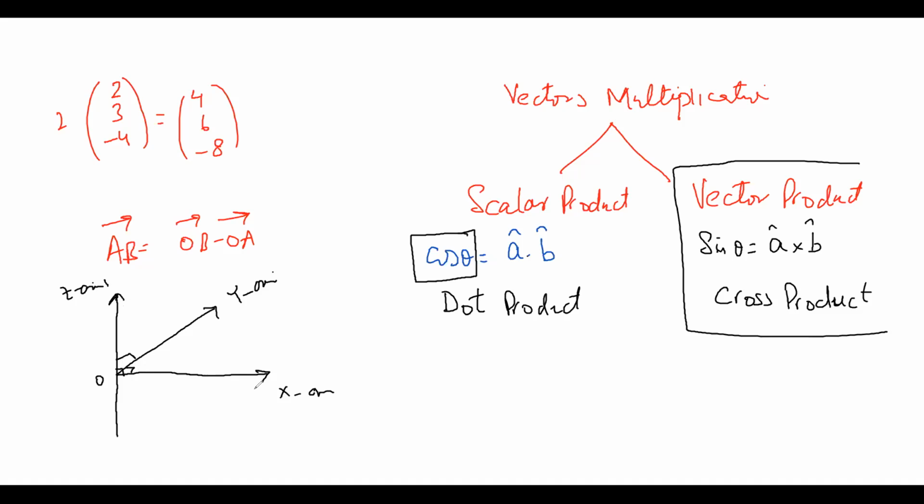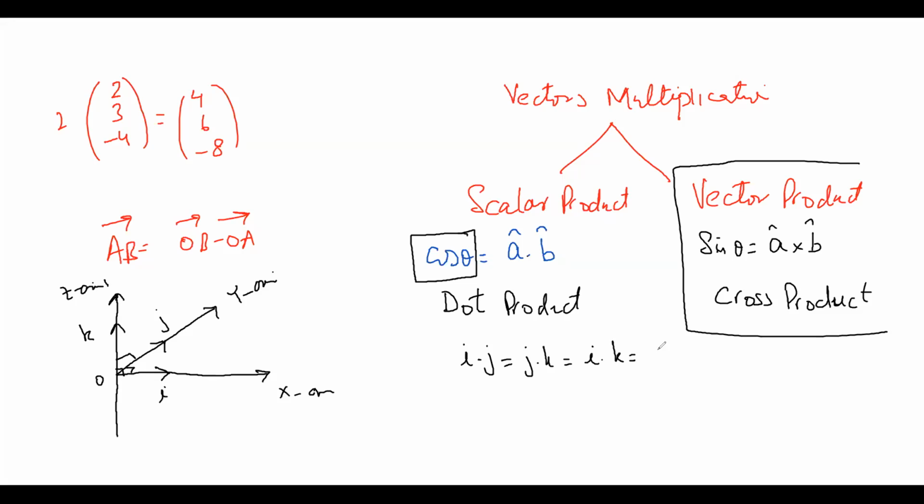Since you have a right angle between all these three axes, if you have a unit vector in this direction, which is i, a unit vector in this direction, which is j, and a unit vector in this direction, which is k. Now tell me, can I say i dot j is the same as j dot k is the same as i dot k?